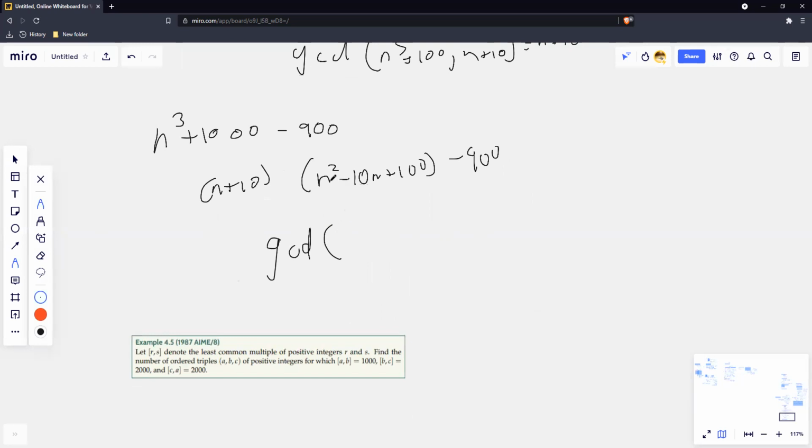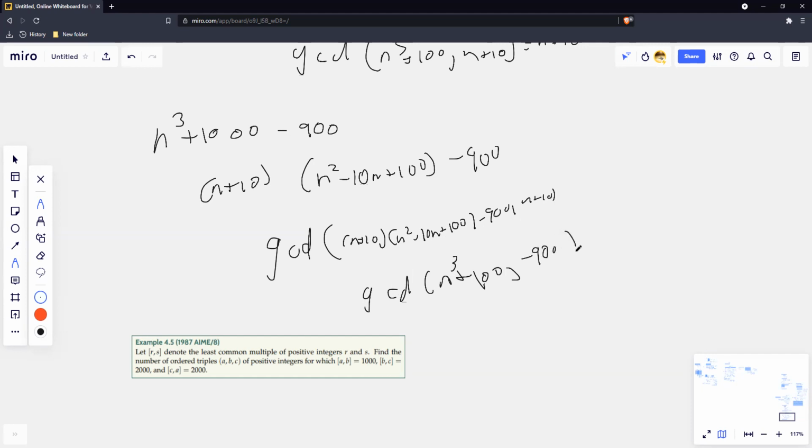As we let k equal this, n plus 10 times n squared minus 10n plus 100 minus 900, then we just write the condensed form again, and we let k is equal to this whole thing, and then we let negative 900.